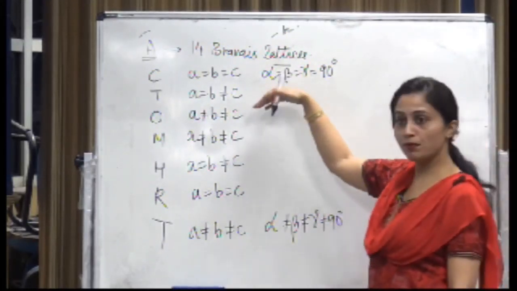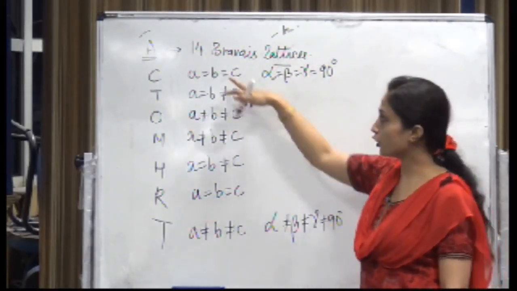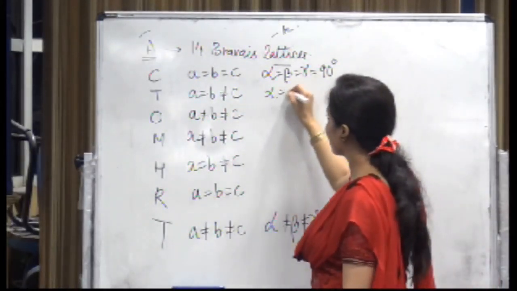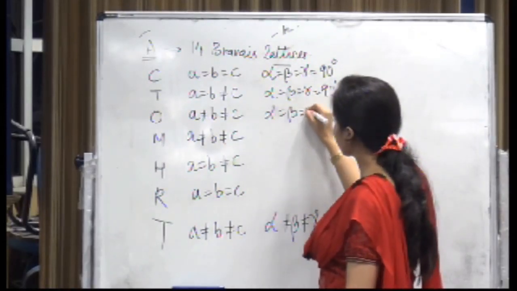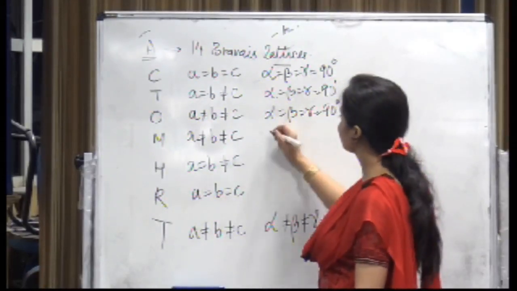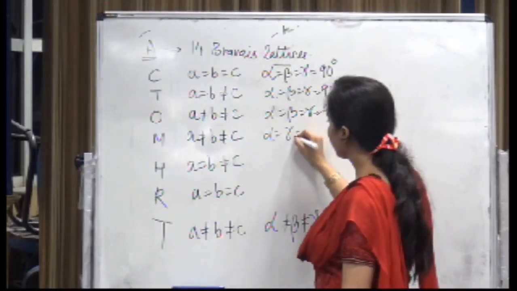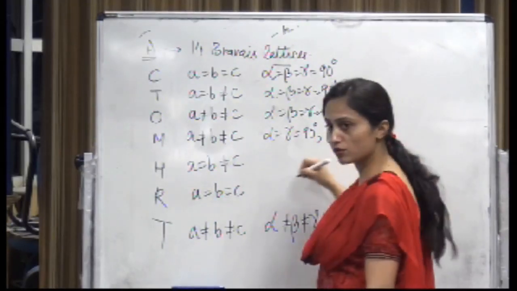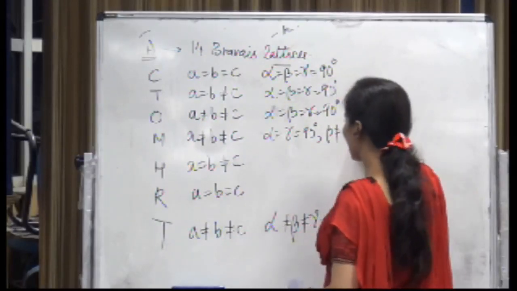And then look up, for the first 3 cases the angle relationship is the same. So for cubic, for tetragonal and orthorhombic, the angle relationship is the same. So you have alpha equal to beta equal to gamma equal to 90 degrees, and then you have here alpha equal to gamma equal to 90 degrees, and beta is not equal to 90 degrees.